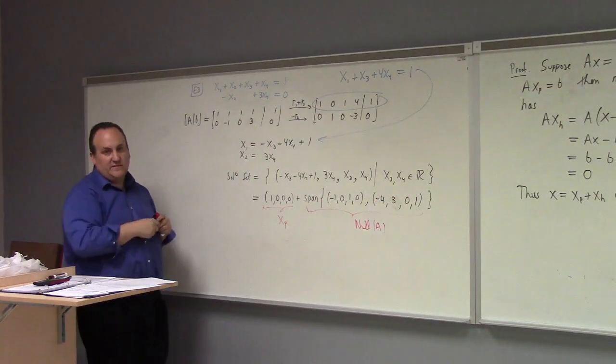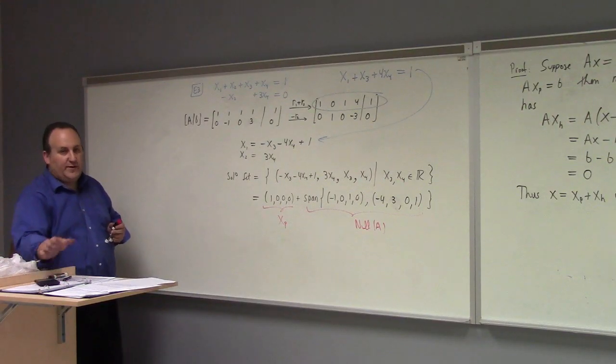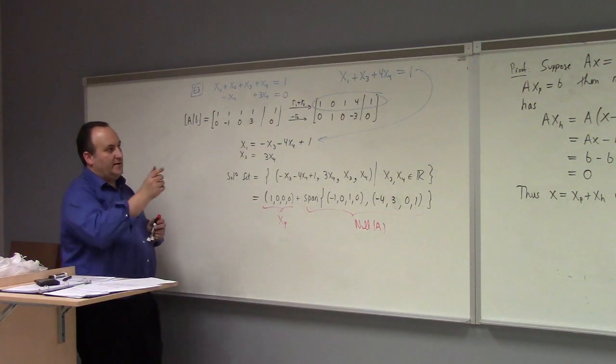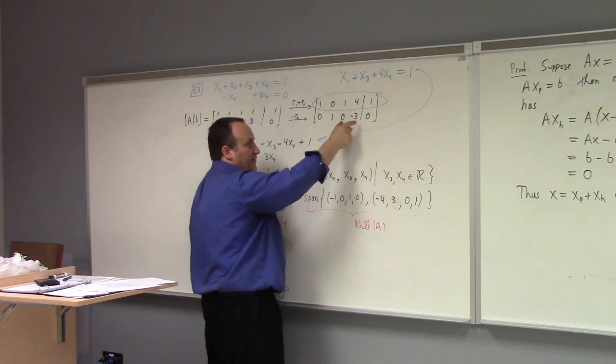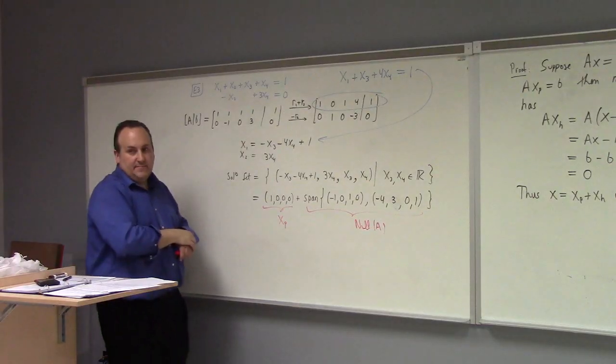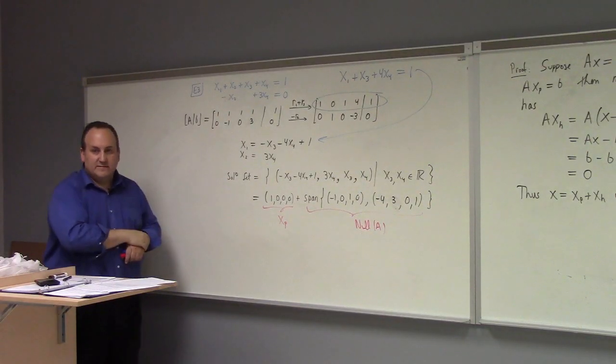There's infinitely many solutions. In fact, there are 2 parameters in the solution set. Why are there 2 parameters in the solution set? Because there are 2 non-pivotal columns, right? Every non-pivotal column gets you a parameter in your solution set. And because we're working over an infinite field, we have an infinite solution set, right?